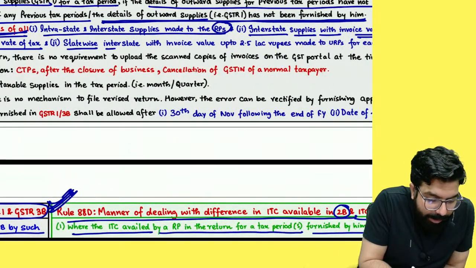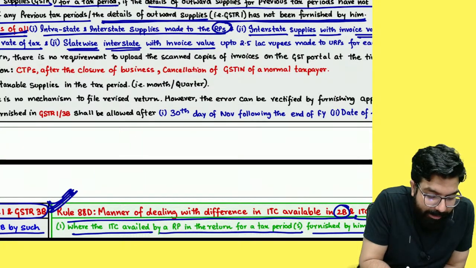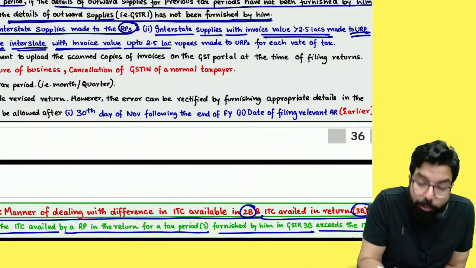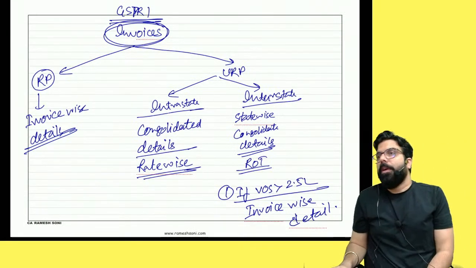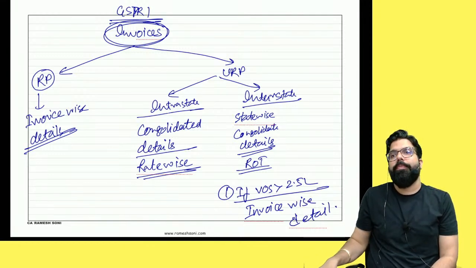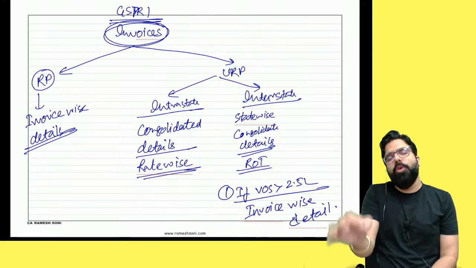State wise, interstate supply with invoice value up to 2.5 lakh, for each rate of tax. People, will you remember this? Can I go ahead? Tell me one thing. Registered person, invoice wise or consolidated? Invoice wise. Unregistered person, interstate, value more than 2.5 lakh.